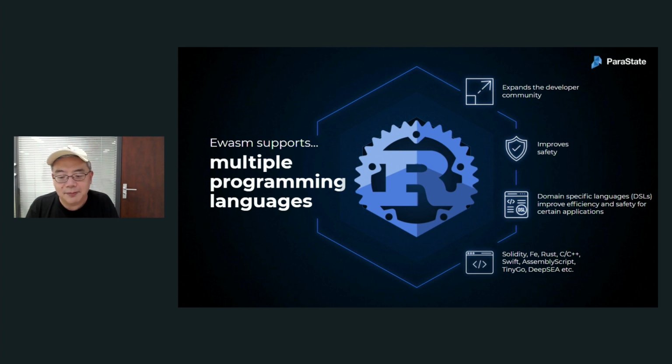And then on the back end, you can use the LLVM compiler and generate code for the WebAssembly runtime. So in that case, Ewasm allows us to use many different programming languages, not just Solidity, and then use them to write Ethereum compatible smart contracts. And I think that's a very powerful feature that allows us to really grow the developer community.